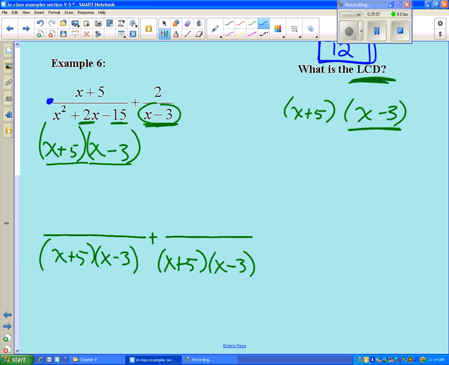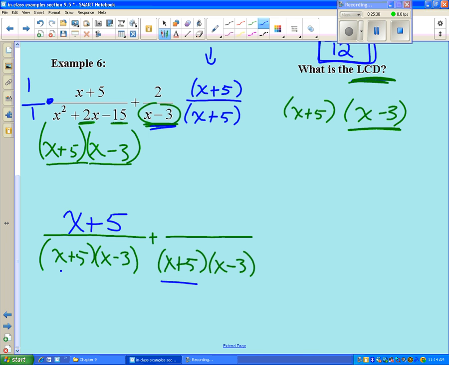I have x plus 5 and an x minus 3. I need an x plus 5 and an x minus 3. So this is multiplied by 1 over 1. So this factor on top is x plus 5 times 1, which is just x plus 5. Over here, I have an x minus 3, but I also need my x plus 5. So again, because I want this to be the number 1, this needs to be an x plus 5 up here.